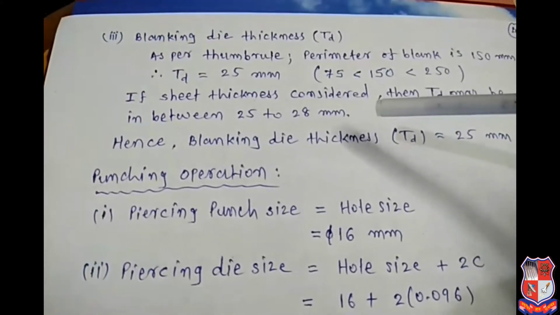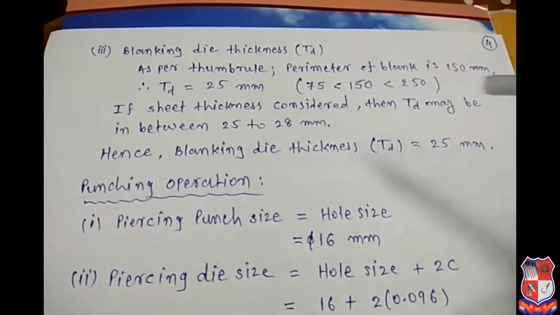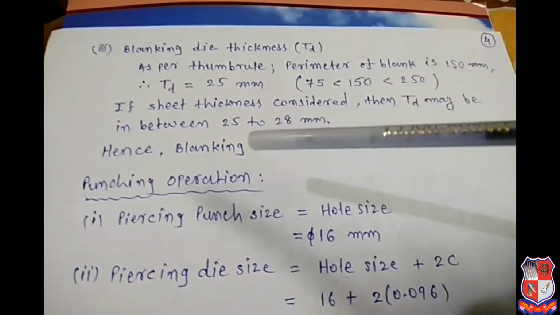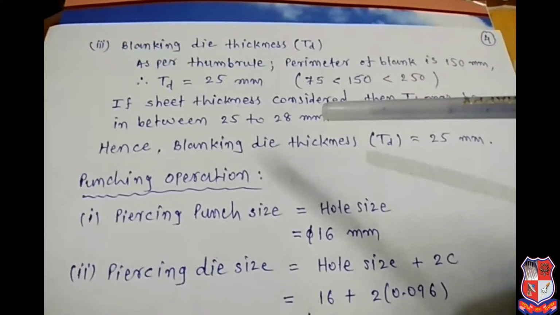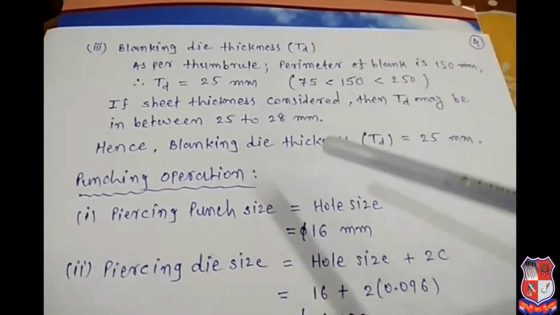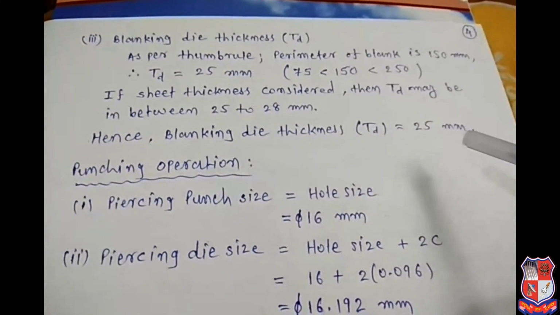If I consider the second option of the thumb rule, considering the sheet thickness, the TD is between 25 to 28 mm according to the sheet thickness. So finally 25 will be the common. So we will take the final value of the blanking die thickness as 25 mm.